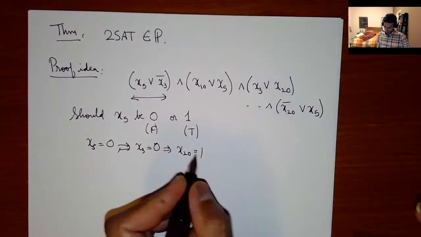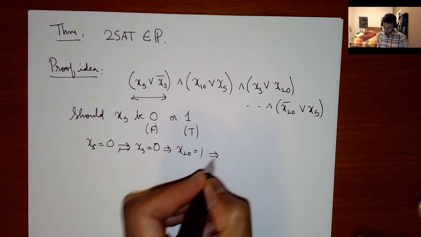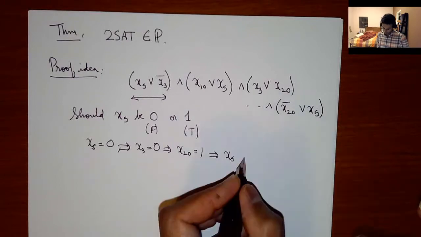But if x5 is 1, that implies that x20 is 1. That would imply that x5 is equal to 1. And now you have a contradiction.